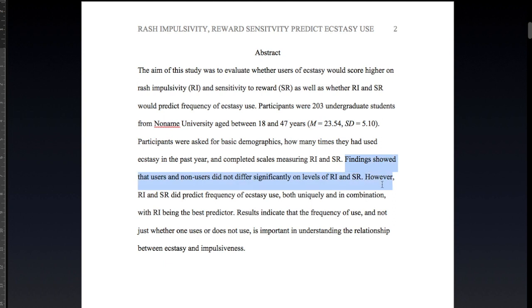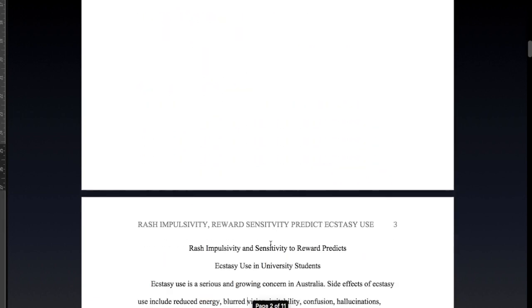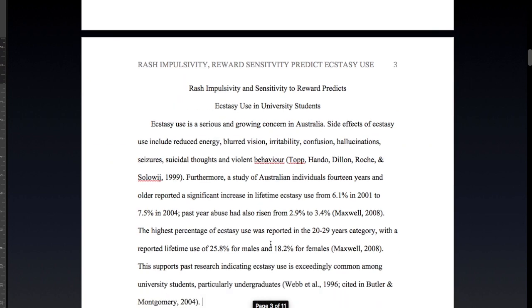Then I use 2 sentences here to explain the findings, and then 1 sentence here to talk about the implications of those findings. So what those findings actually meant.